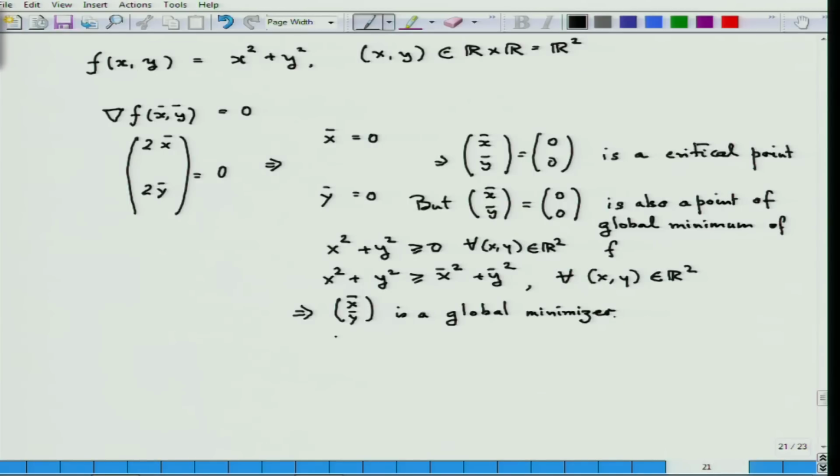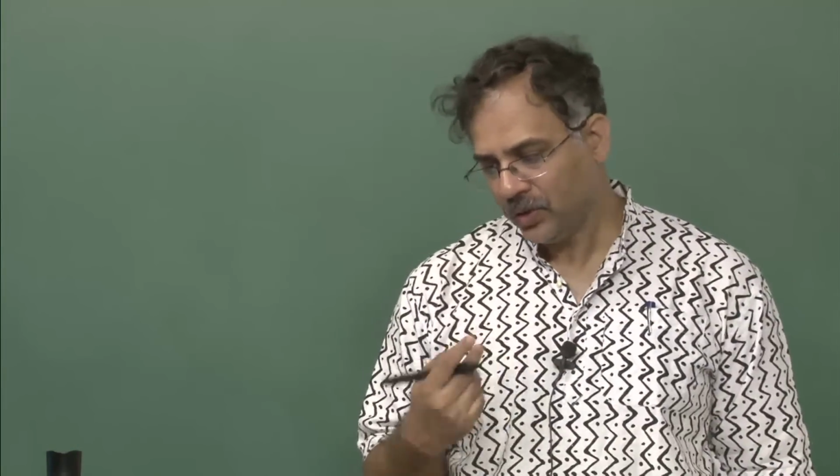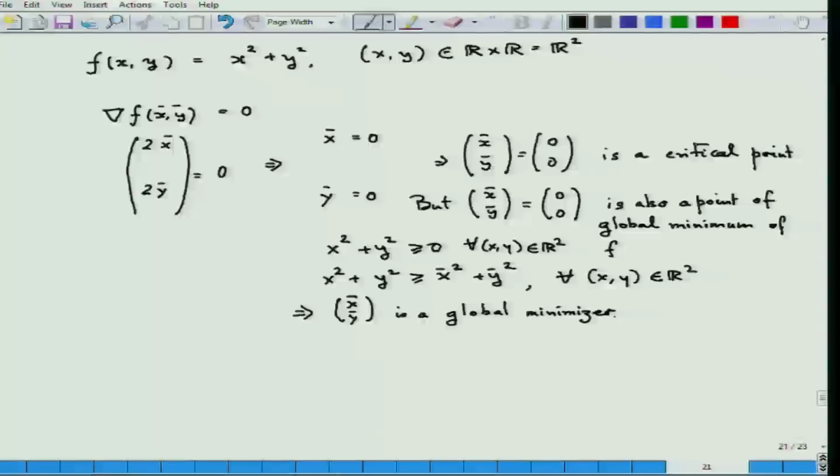In general, I could find a critical point which is neither a local minima, local maxima or anything, it is just a critical point, and it is not also a saddle point. Now, I am not going to get into the saddle point issue right now because they might just confuse you.